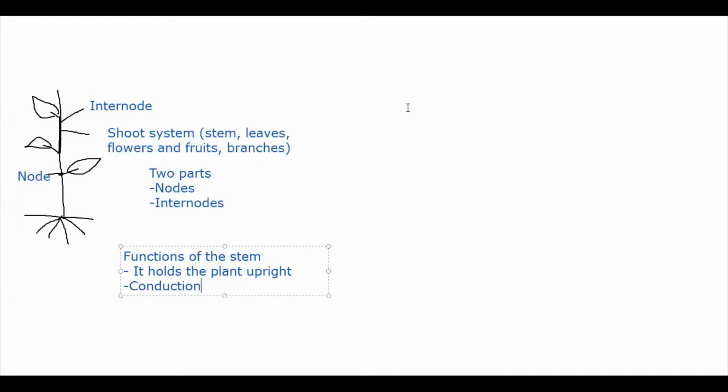Now let's study some of the modifications other than the functions that we just saw. The first modification seen in some of the stems is support. Some stems, other than these functions, also provide extra support in some plants.